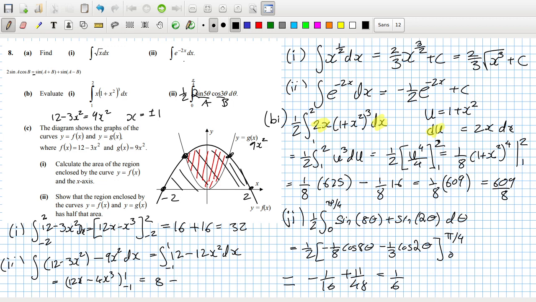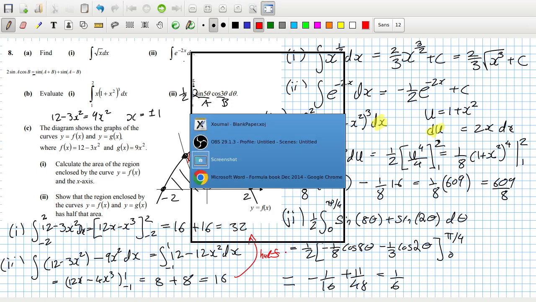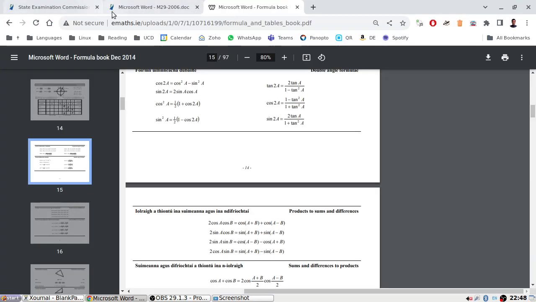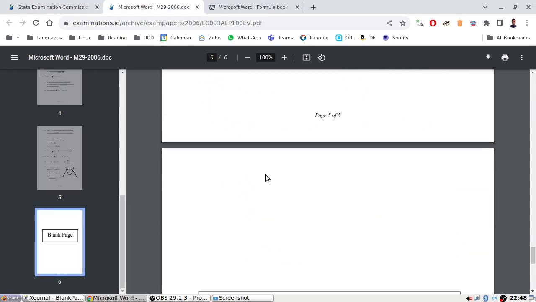And I'll put minus 1 in, so I get minus 12 plus 4, so that's minus 8. So that's 16, which we can see is indeed half. Now let's check the answers. That's probably the end of it.